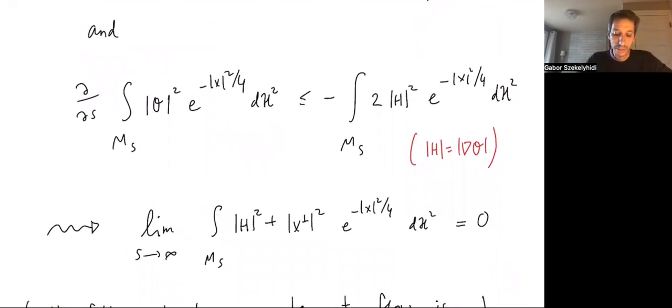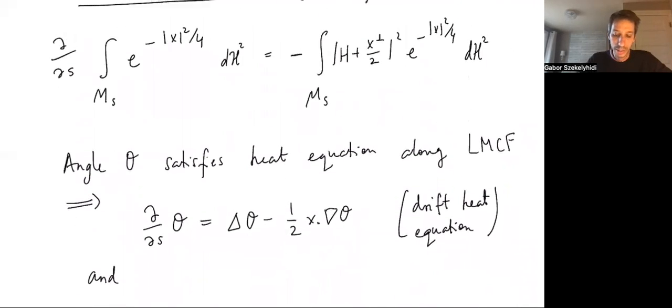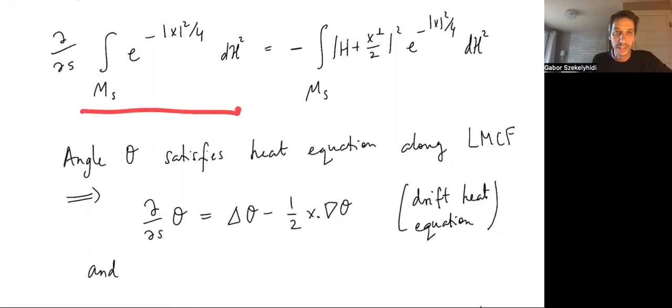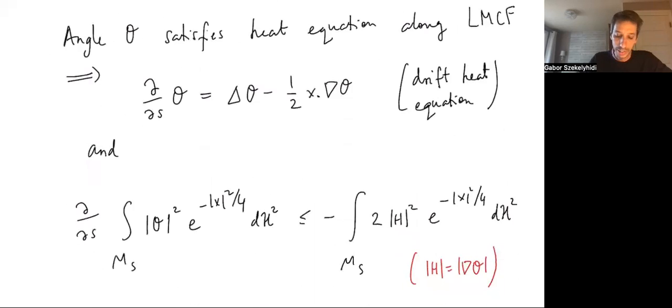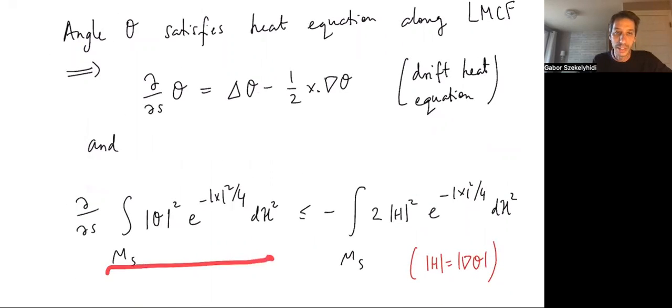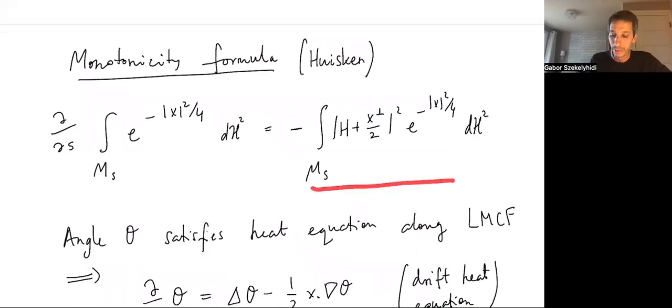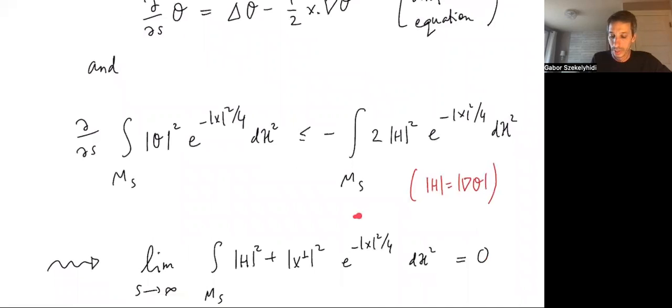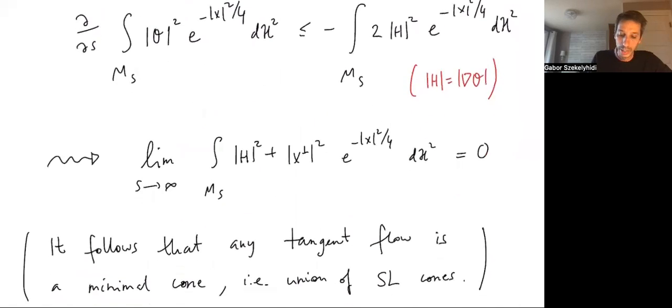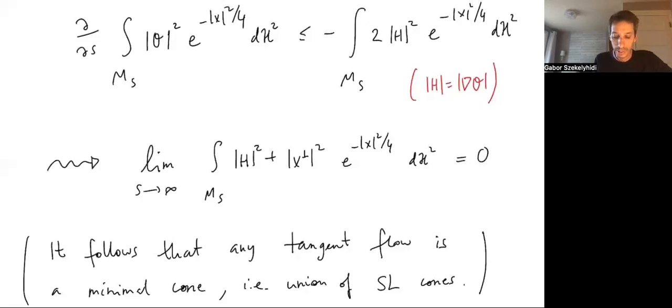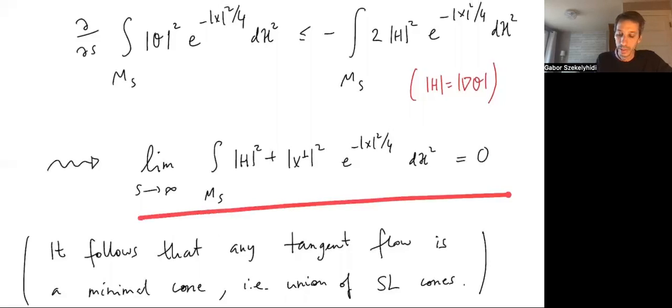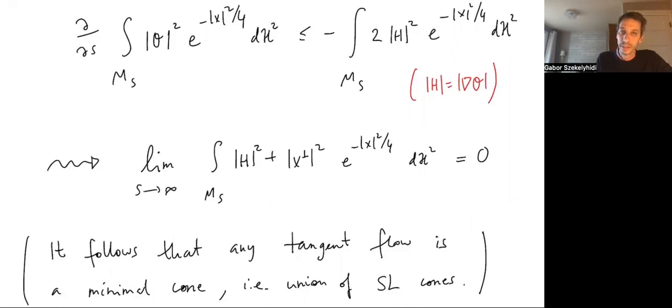Okay, so now if you look at these two monotonicity formulas, the Gaussian area is positive and decreasing, and the L2 norm of theta is positive and decreasing. This says that along any subsequence, any sequence of times S going to infinity, in the limit these derivatives will have to vanish. So we obtain this kind of result, at least along subsequences.